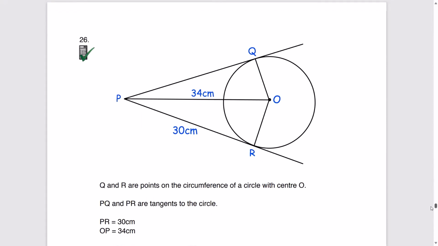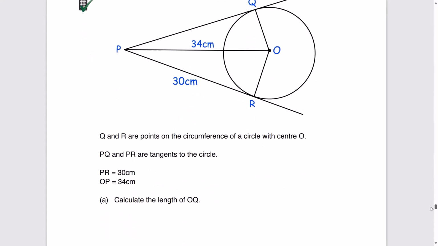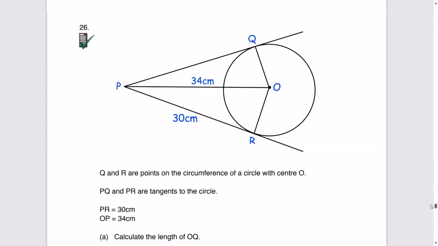So for this question, what was the length of OQ? OQ, and this is 90. Here is 30. Here also has to be 30, the same length. So for OQ, you can use Pythagoras' theorem.